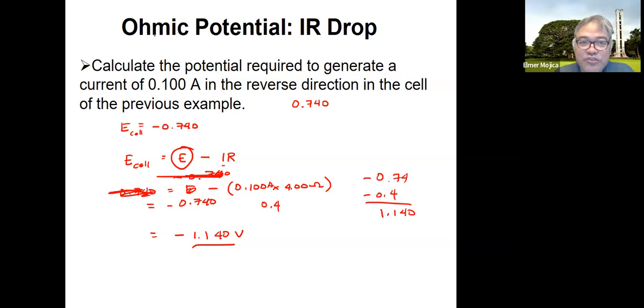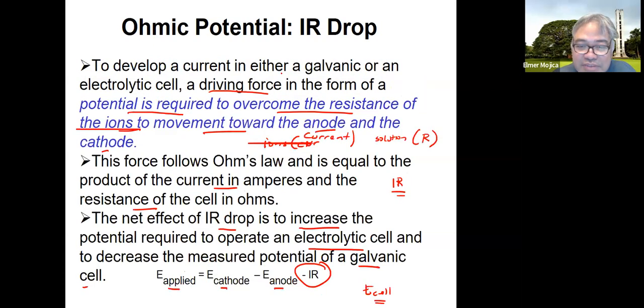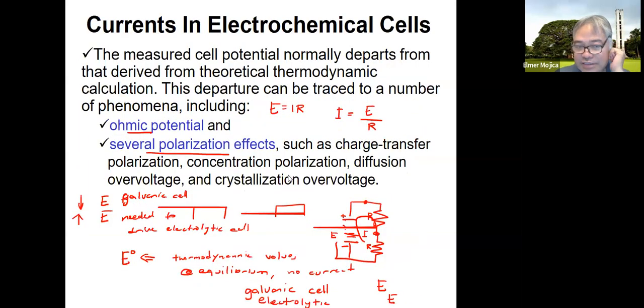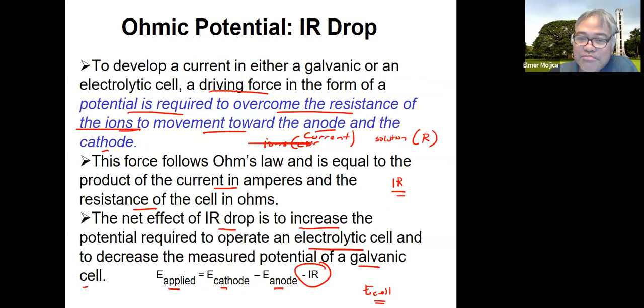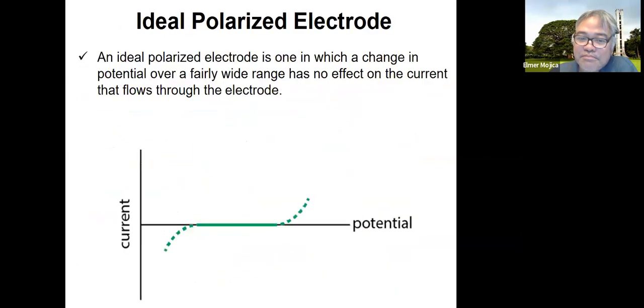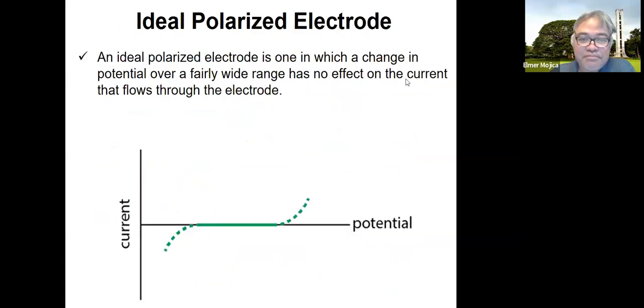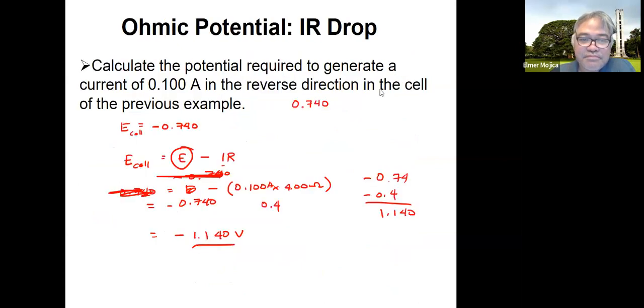So I'm just trying to show you here proof based on the answer that I have here that in galvanic cell, the potential goes down if you apply current or if you have a current, and in an electrolytic cell, the potential goes up. Okay.